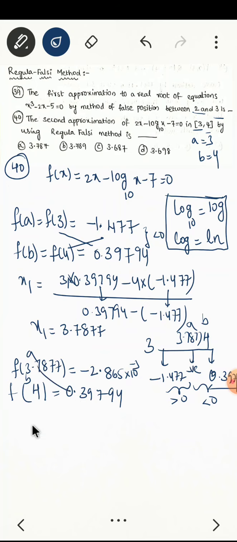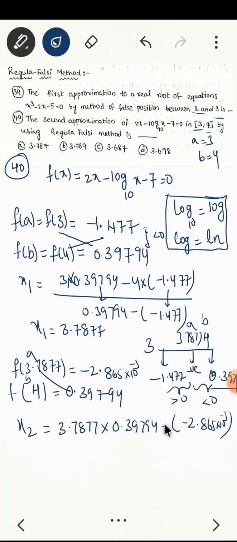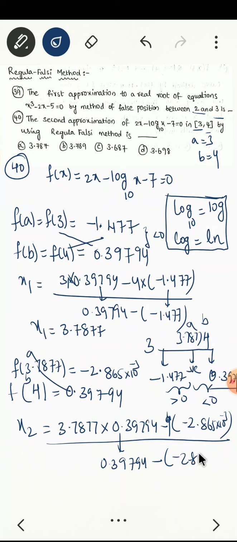Now the new values of a and b are these. So for the x2 value: a into f of b, 3.7877 into 0.39794, minus b, which is 4, into f of a, minus 2.865 into 10 raised to power minus 3, divided by f of b minus f of a, that is 0.39794 minus of minus 2.865 into 10 raised to power minus 3.